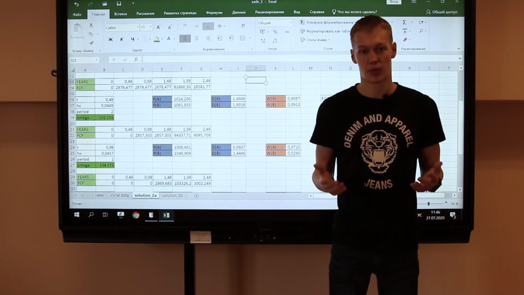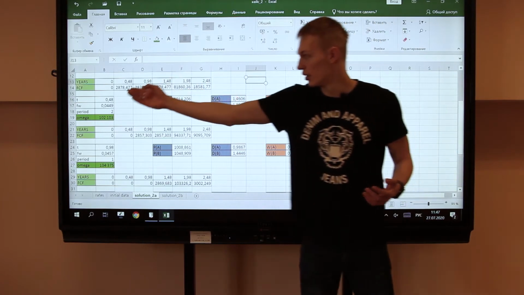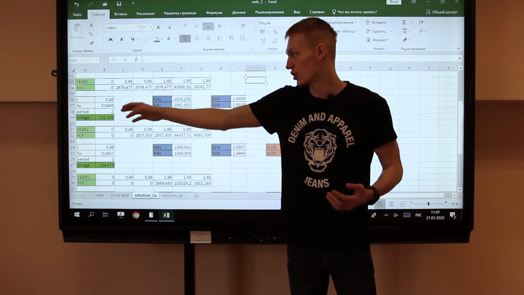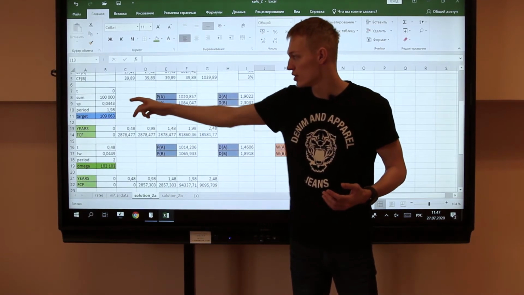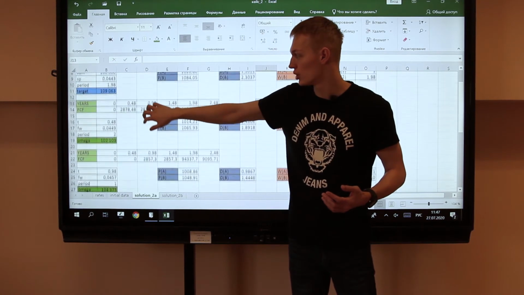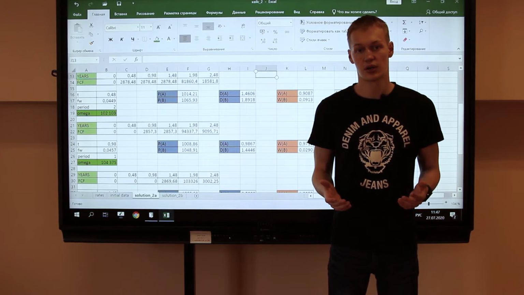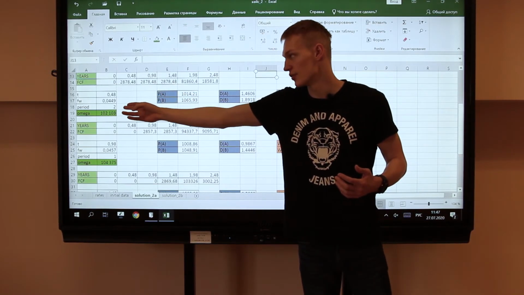You should repack your portfolio each time when you receive coupon if the spot rate is changed. If the spot rate doesn't change, for example, this value would be equal to this value, you should just invest the coupon which you received in this period by this spot rate for the remaining period of the investment.